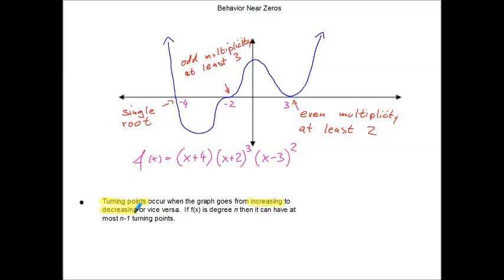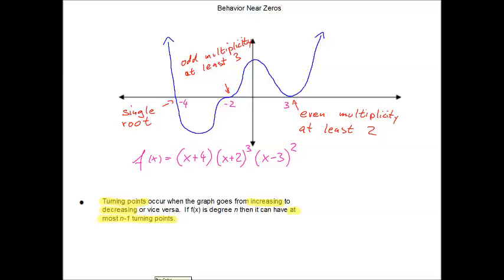And if a function f of x is of the degree n, whatever that number n may be, then that function can have at most n - 1 turning points. Turning points occur when the graph goes from increasing to decreasing or from decreasing to increasing. In other words, they occur wherever we have a max or a min. And those are also our turning points.